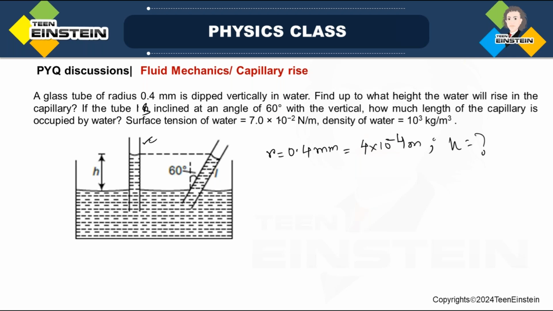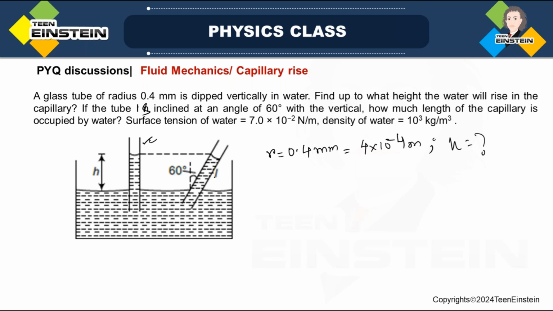The angle of contact is not mentioned here. In some cases if the angle of contact is not mentioned, we should simply take the angle of contact as 0, because glass and water always have a very small angle of contact, less than 10 degree, sometimes 8 degree. In the previous question the angle of contact was given as 0 degree.